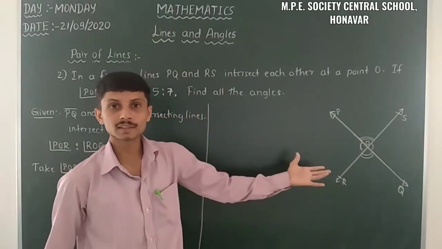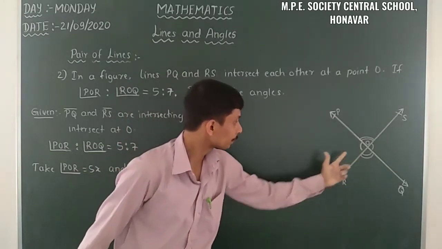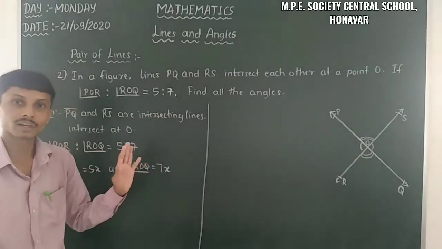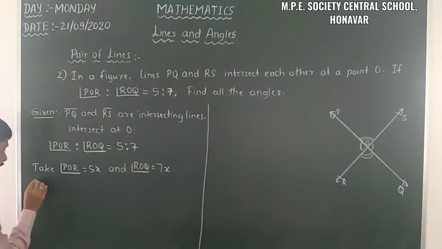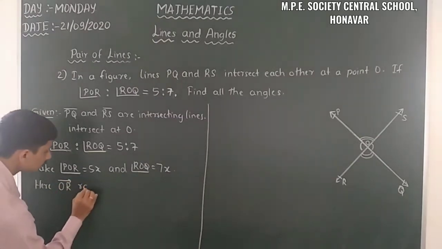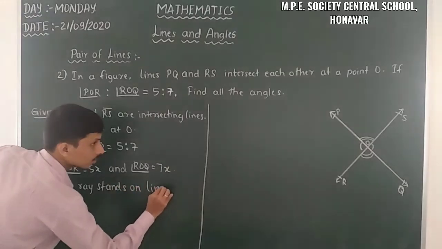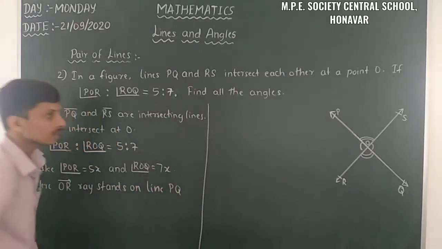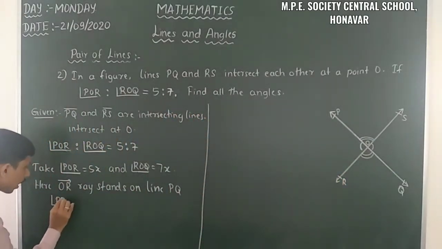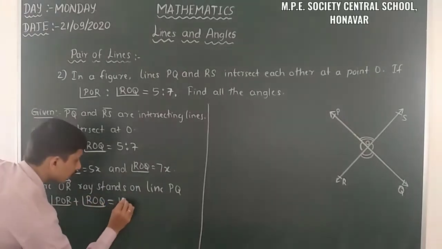So we can directly take that the sum of those two adjacent angles, POR and ROQ, is 180 degrees. So angle POR plus angle ROQ is equal to 180 degrees.